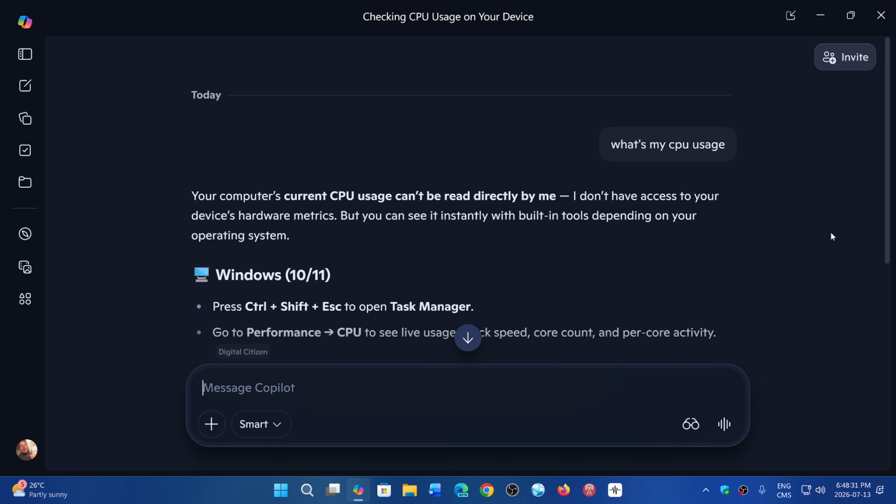Like, for example, right now, I just asked, what's my CPU usage? Copilot says your computer's current CPU usage can be read directly by me. And this is because PC Insight is not there. But those that have PC Insight added to Copilot, well, changes the whole thing.